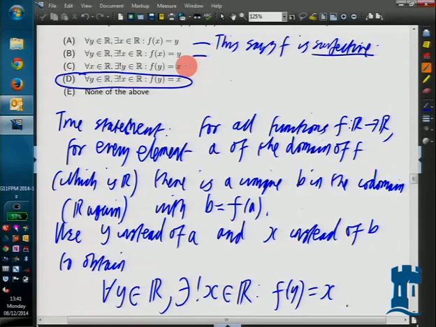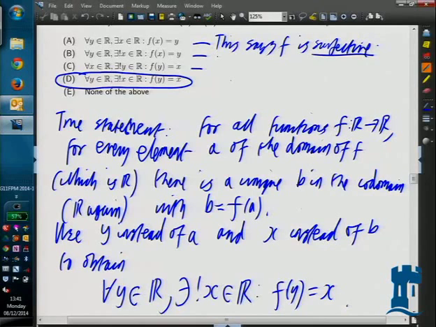One-to-one. That's the same as injective. But it does say for all x in R, there's a unique y in R such that f of y equals x. So it's a bit better. Any more? Bijective is the one, this one.